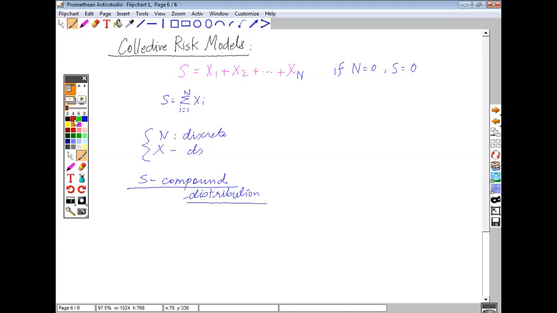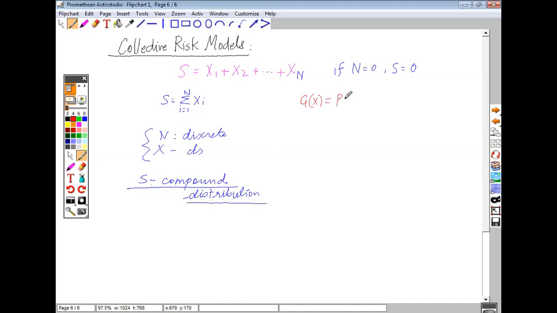Okay, so first of all, we should know what things will be given to us. So what we have to figure out is the compound distribution of S. So let us write our compound distribution of S as G of x.